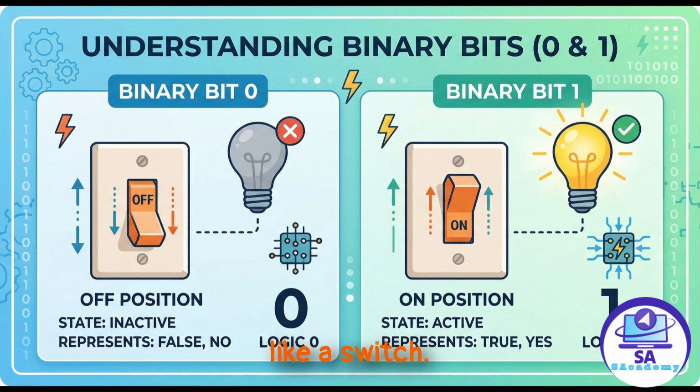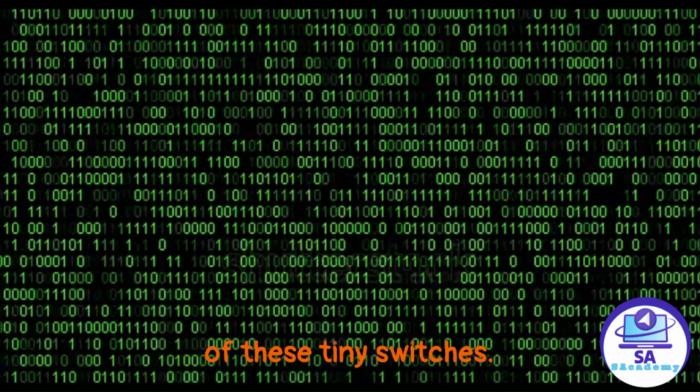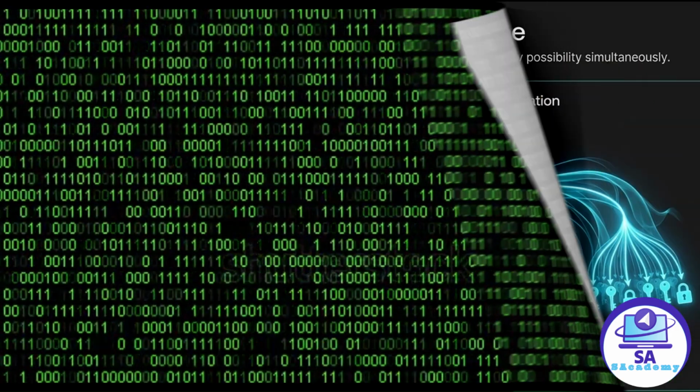Think of it like a switch. The switch is either off, that is 0, or on, that is 1. Every photo, text, video, website, game, etc. is made from millions of these tiny switches.